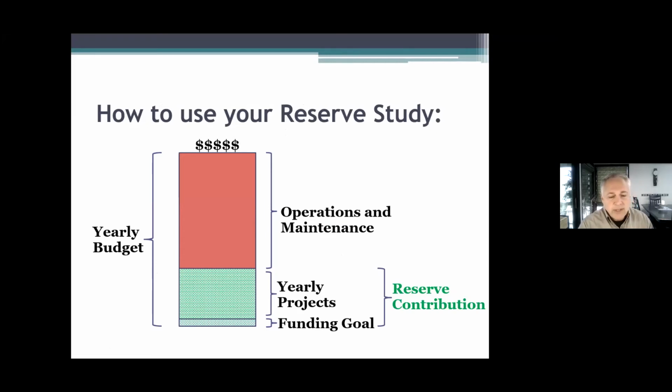In other words, what is that bare minimum you're willing to live with at the end of a year without bringing it to zero? And that relates to those methodologies. So your reserve contribution in any given year becomes a factor of what are the projects and what is that minimum goal at the end of the year that you want to hold on to.